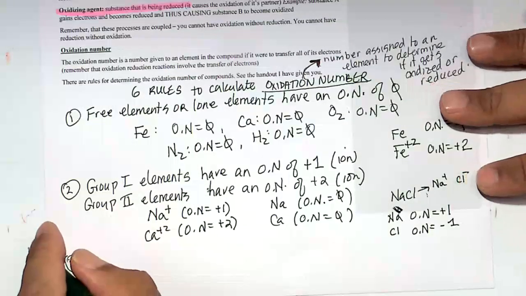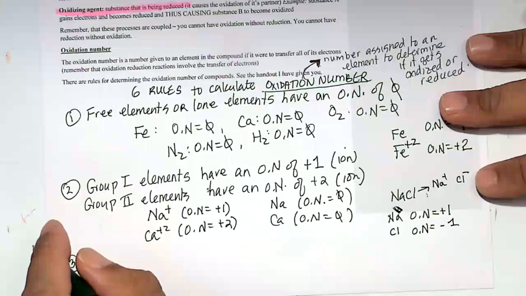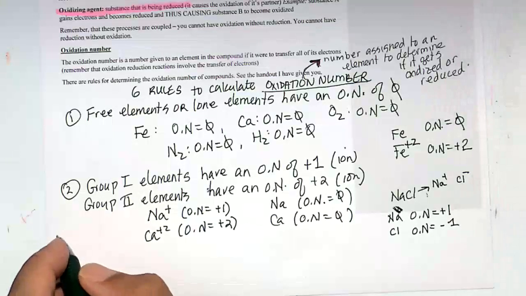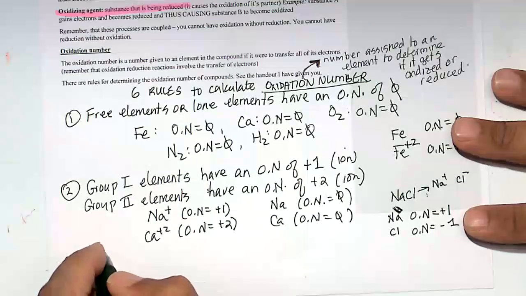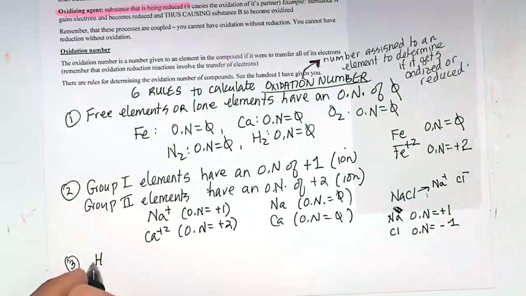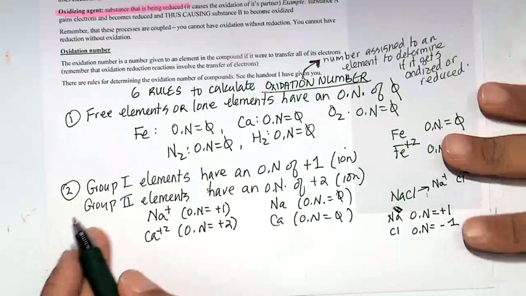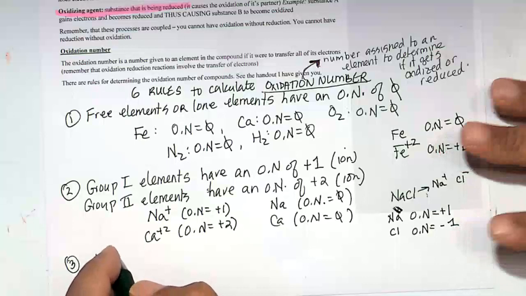So I'll make number 3 and number 4 easy. In this class, we'll just make hydrogen an oxidation number of +1. The rule is hydrogen has an oxidation number of +1 when it's bound to a nonmetal.